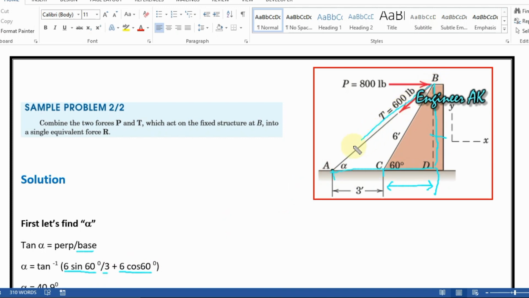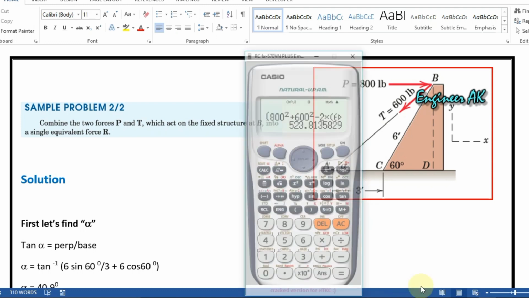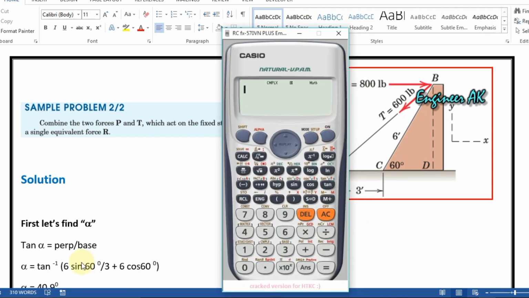Now let me plug the values into the calculator. If tan comes over here, it will become tan inverse.